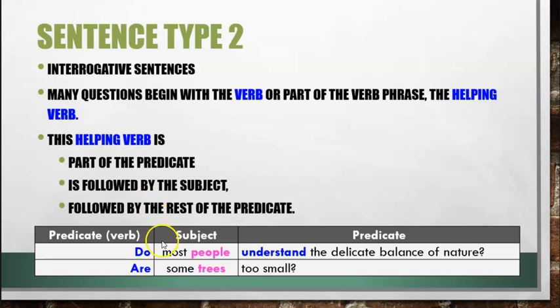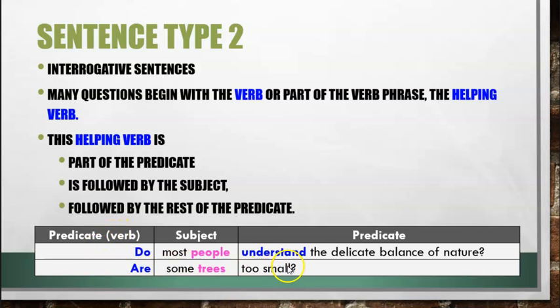We would divide our sentence along these lines where the columns are. Most modifies people, so that's part of our complete subject, most people. Our complete predicate is do and understand the delicate balance of nature. So when you have a question, you're going to typically have predicate, subject, predicate, or verb, subject, verb in the simple forms.